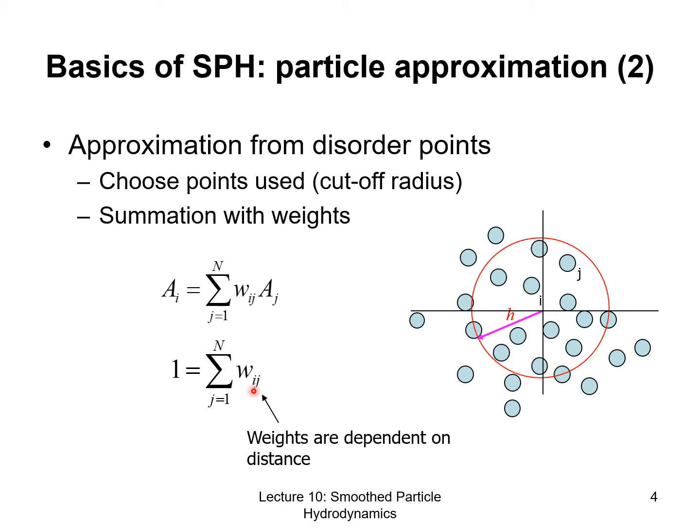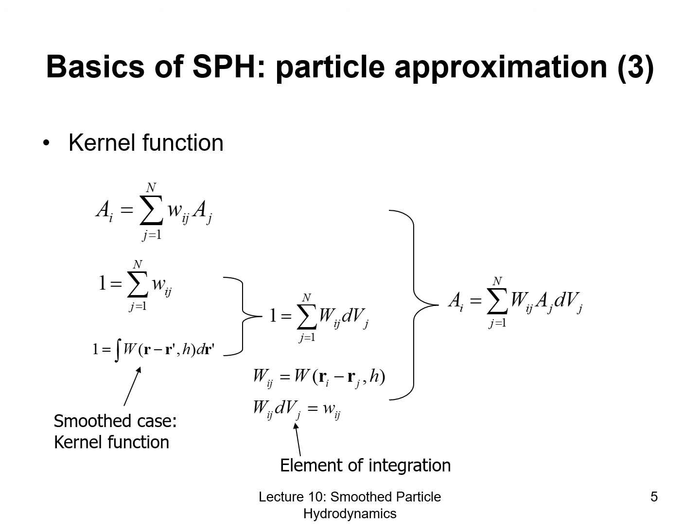How exactly to choose the weight? We need to introduce a kernel function. With this requirement of approximation, that means all the weights add together equal to 1, and the weight will be less when the particle is far from the approximation point.